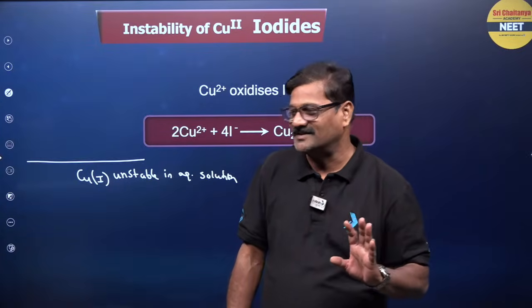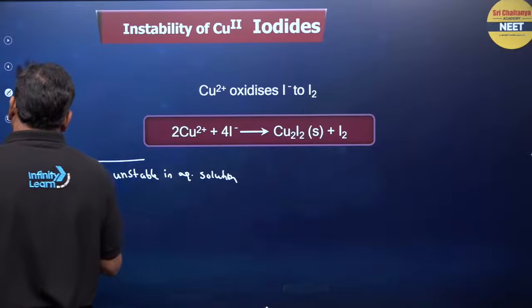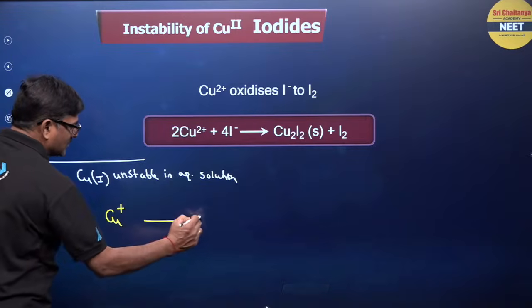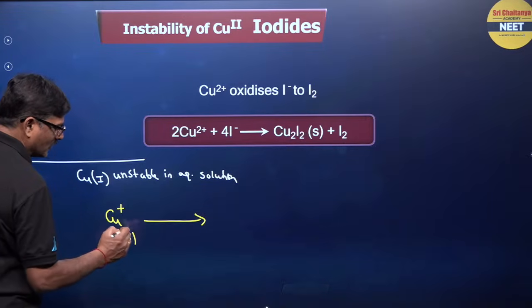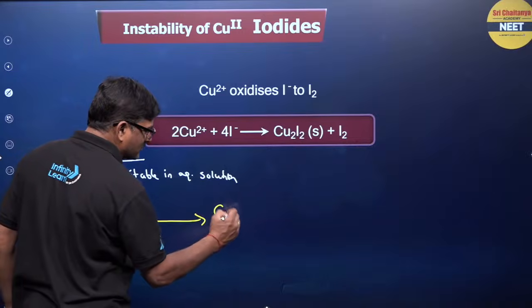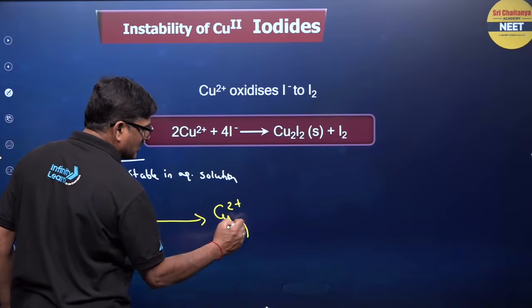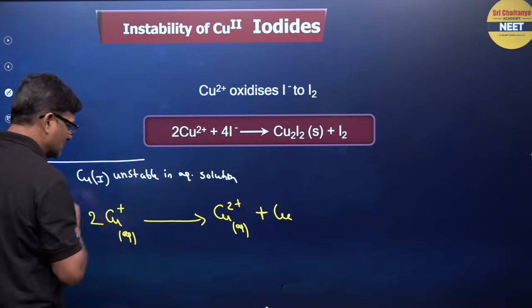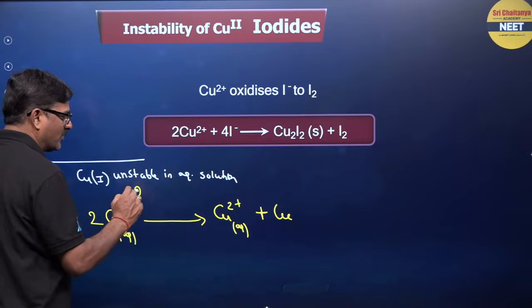Low hydration energy, yes. Coming to this, what happened? Copper plus, in aqueous solution, is going to disproportionate to copper 2 plus and copper. So this is very, very important, it is disproportionation.